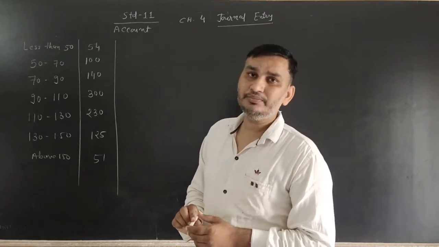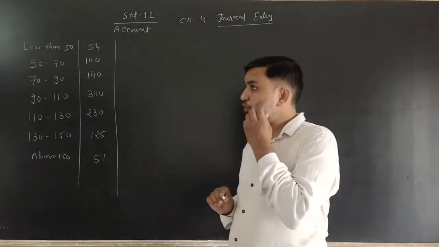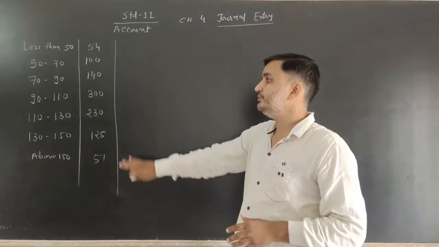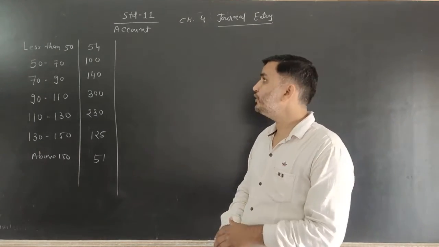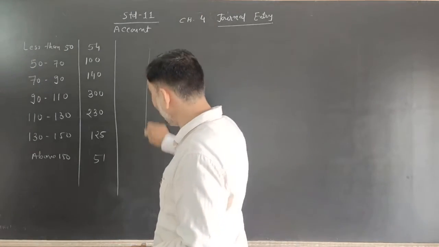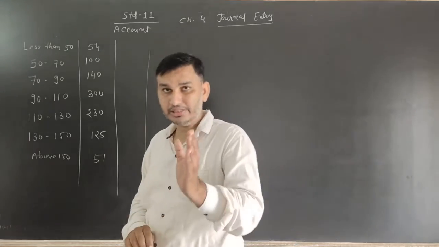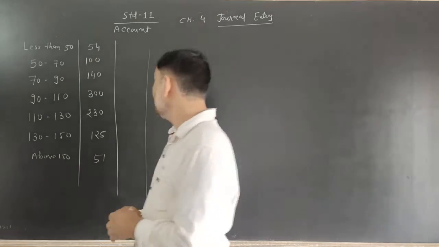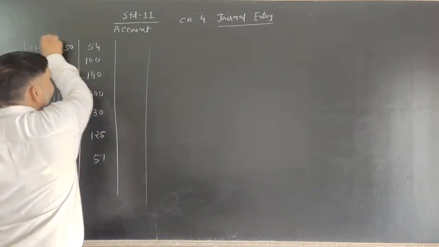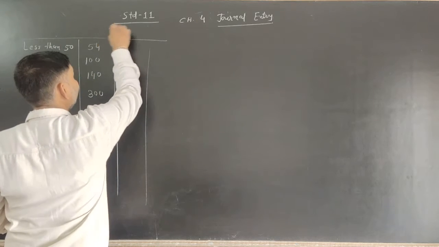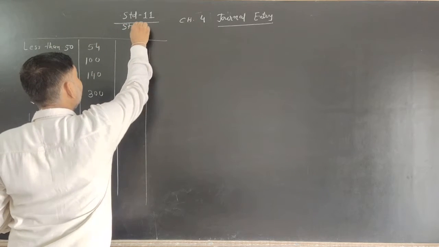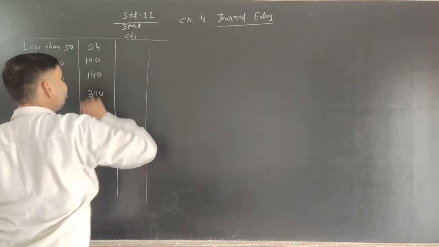So let's start. The continuous frequency distribution is given, and with its help we first have to find the quartiles Q3 and Q1. To find the quartiles, first we find the cumulative frequency, CFi.